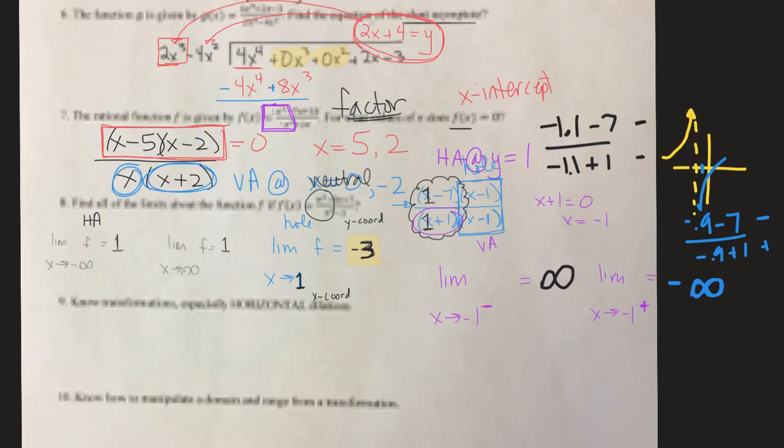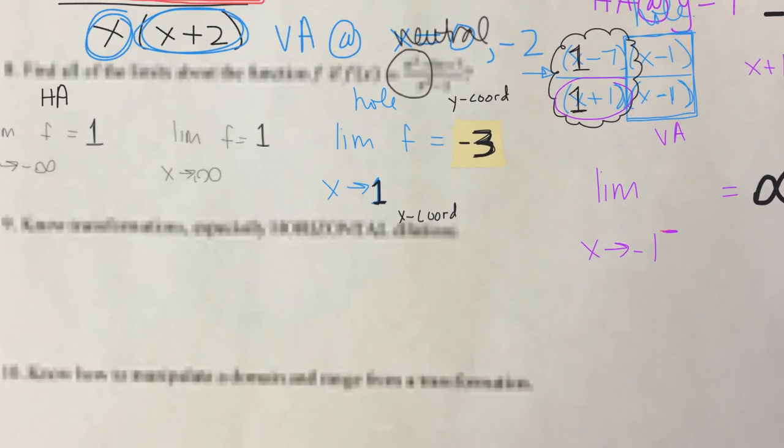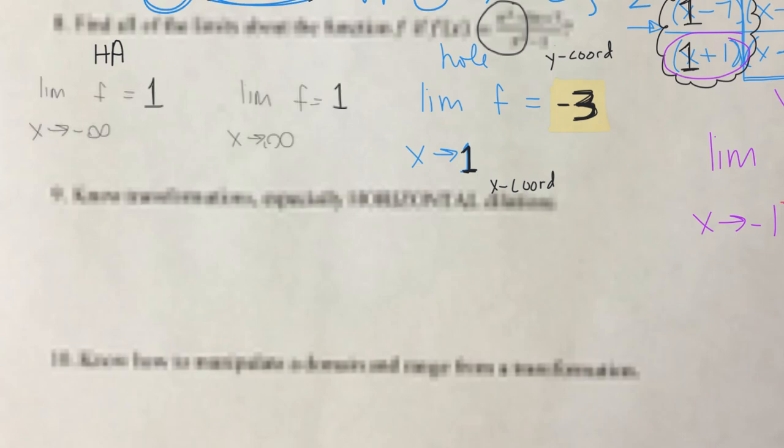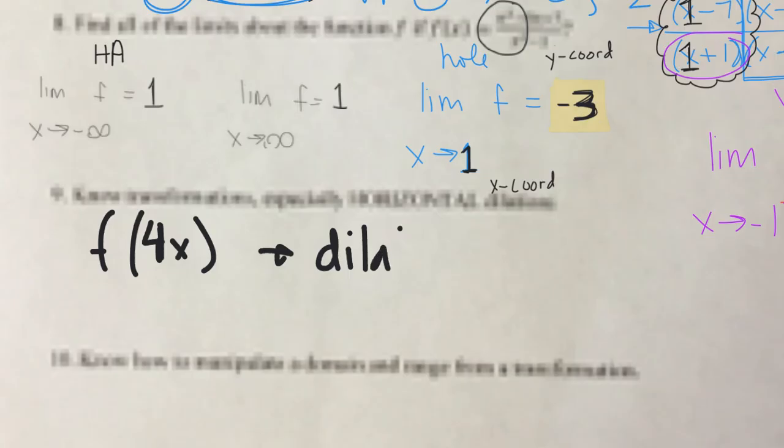And then our last little section from your third test, right? Horizontal dilations. So if we have a 4x in our parentheses, that means we have a horizontal dilation by a factor of 1/4. Okay, because parentheses always are not truth tellers.